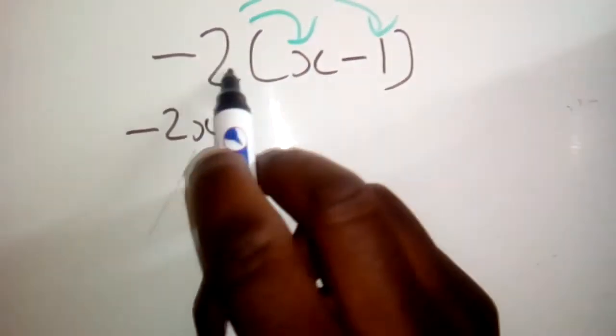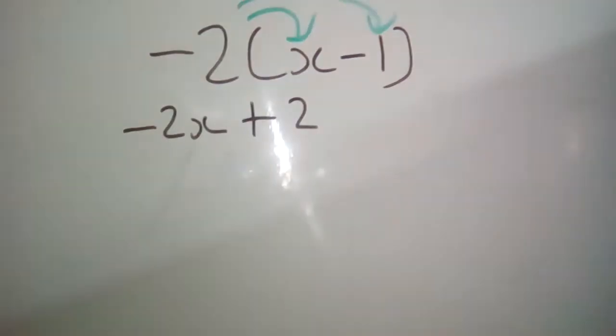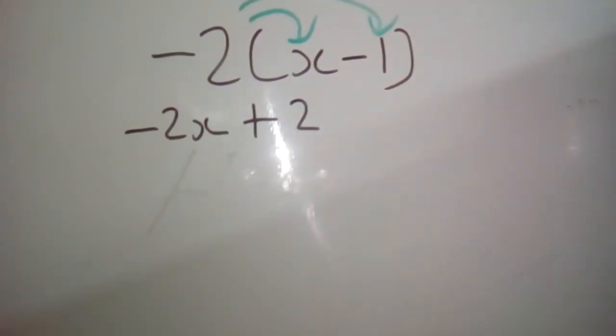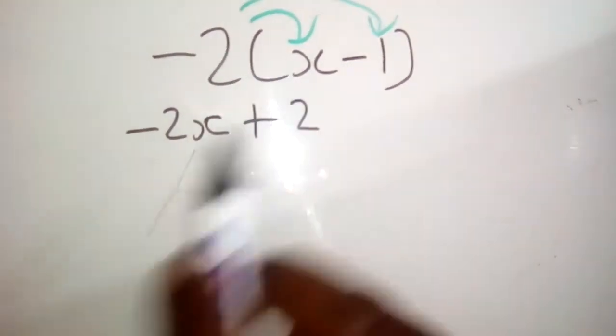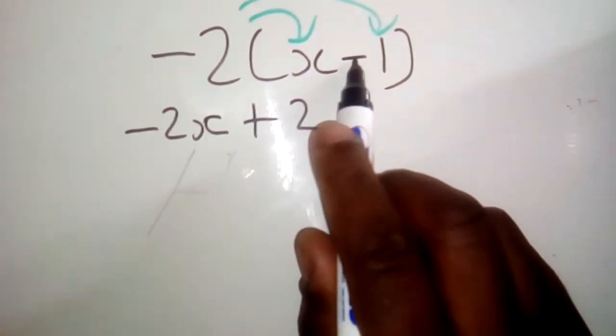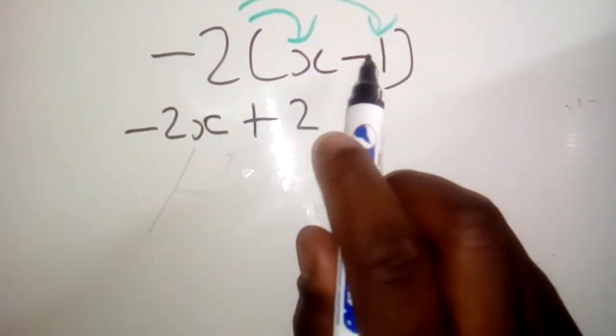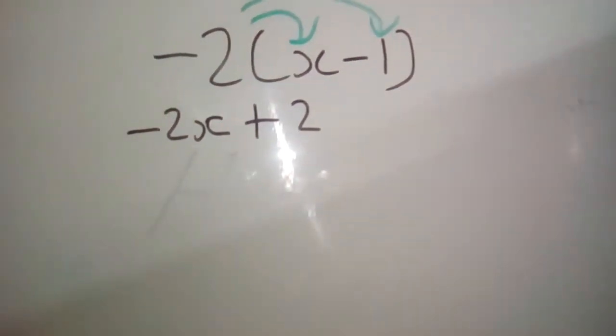Then we're going to have negative 2 times negative 1, which is positive 2. This is what we got. We have to consider the sign that is in front of the number, right? So negative 2 times negative 1 is positive 2.